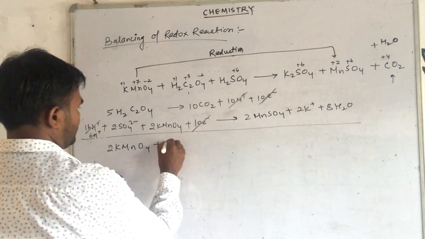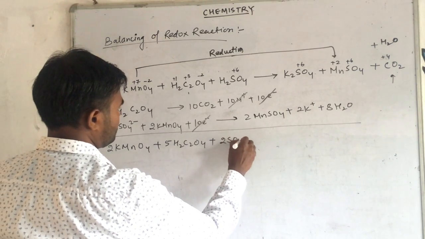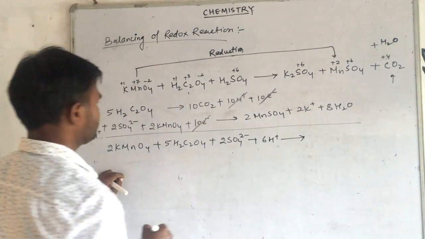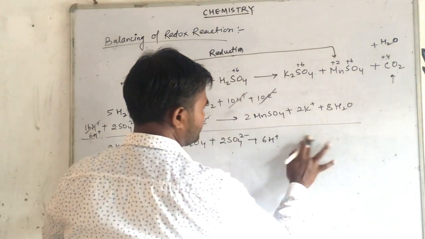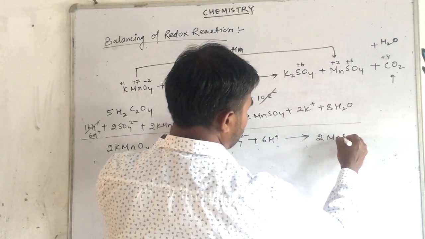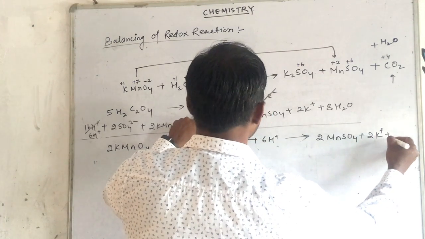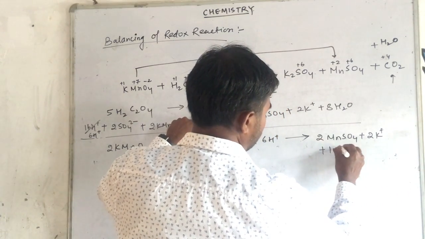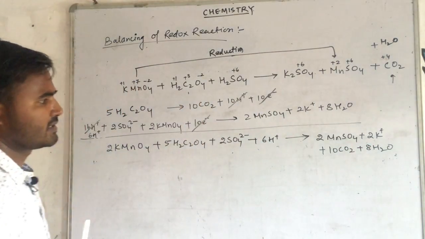Next is 5 H2C2O4 plus 2 SO4 2 minus plus 6 H plus gives, this is the reactant part, and the product part is 2 MnSO4 plus 2 K plus 10 CO2 plus 8 H2O. Clear?